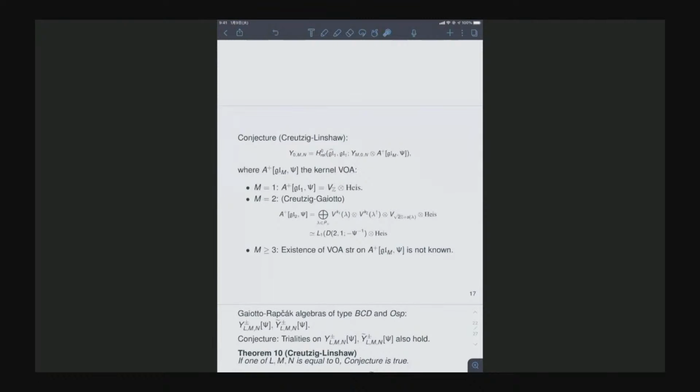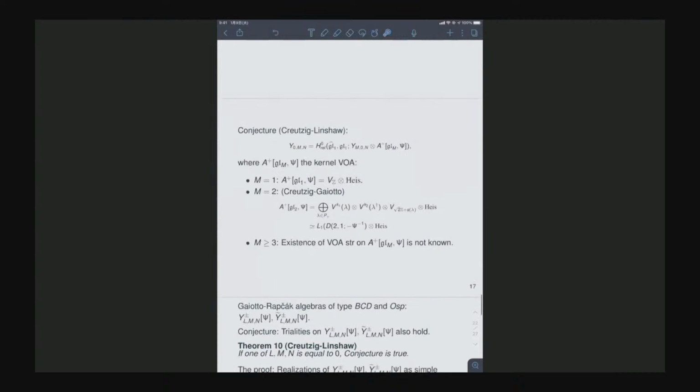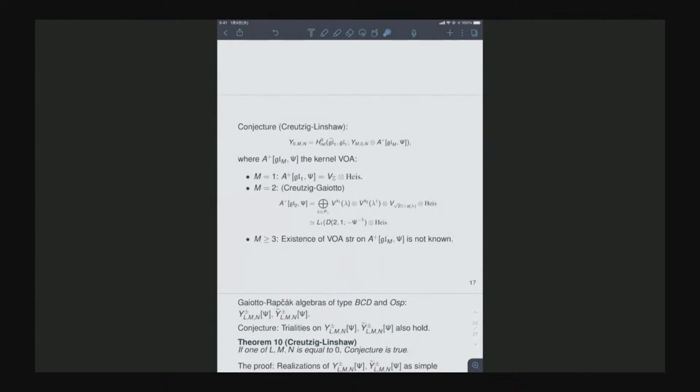Creutzig–Gaiotto show that L_1(D(2,1;psi)) minus psi inverse tensor Heisenberg satisfies this decomposition, and they said we can choose A plus as L_1(D(2,1;psi)) at minus psi inverse. For m equal or greater than 3, the existence: we also have that A plus should have some form as a module by the conjecture, but we don't know the existence of a VOA structure on this kernel VOA. So it is still a very difficult problem, but a very interesting question.